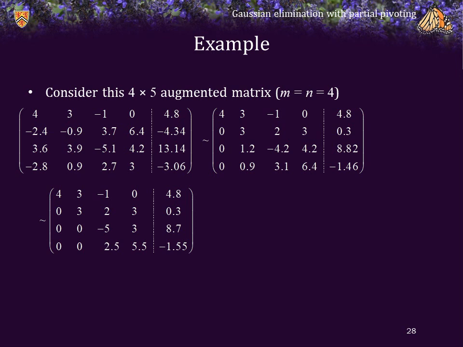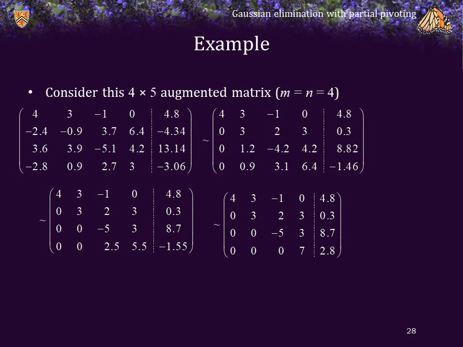Looking now at column 3, there are 2 leading non-zero entries, and the largest of which in absolute value is negative 5, and that is already at index 3, 3, so we are done. So we will simply add 0.5 times row 3 onto row 4, and that will give us this matrix here.